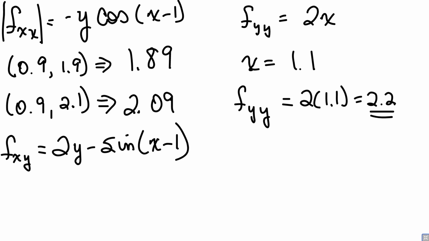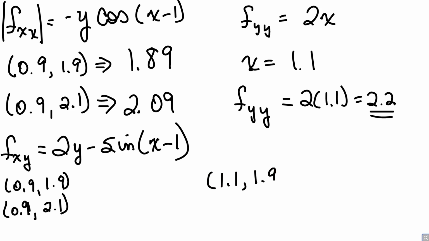Keep in mind that we do have four values: 0.9 comma 1.9, 0.9 comma 2.1, 1.1 comma 1.9, and 1.1 comma 2.1.